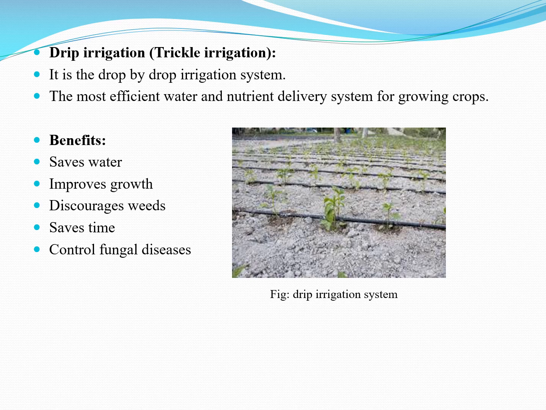There are some benefits of this drip irrigation system. It saves water. Next, it improves growth; by providing this type of irrigation system, plant growth is rapid and improved. Next, it discourages weeds.